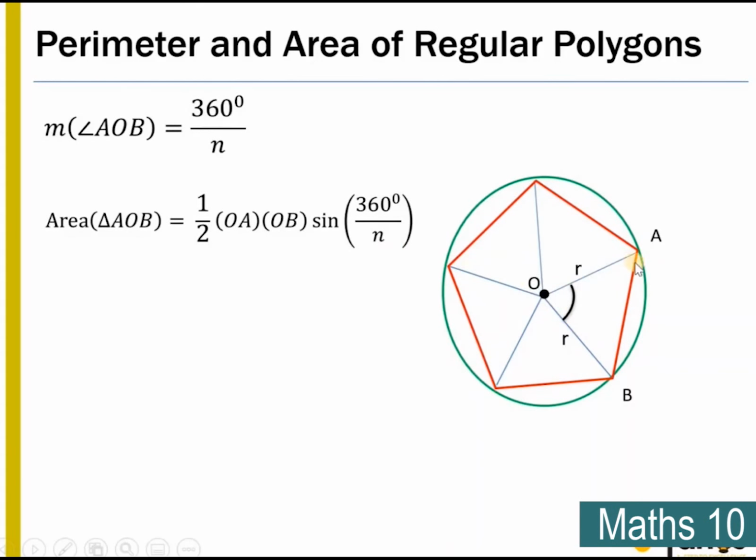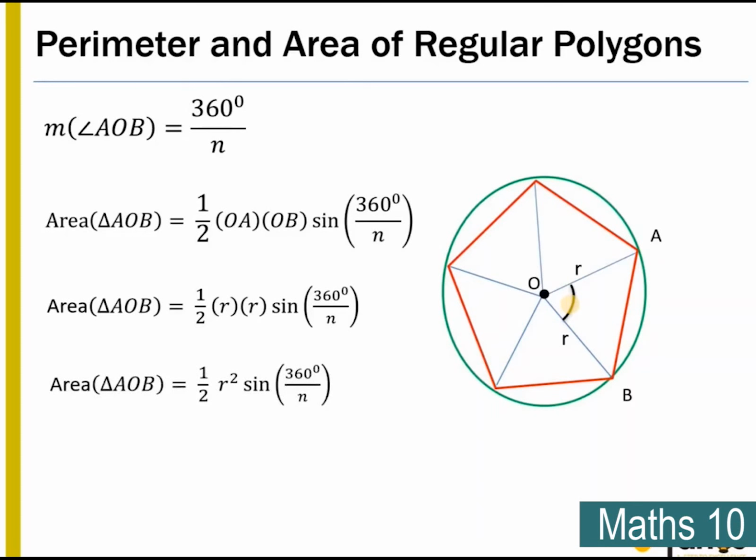So in this case, the area of this triangle is equal to half of the product of r and r times sine of this included angle, which is half r squared sine 360 over n. Therefore, the area of the n-sided polygon is a half nr squared sine 360 over n.